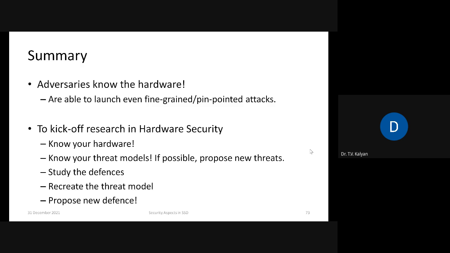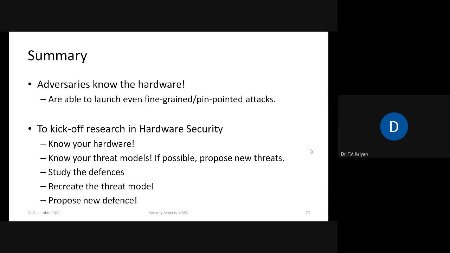Now, as researchers or even working professionals who want to grow in the hardware security area, here are some of the directions I would say that you should work on. First is know your hardware.